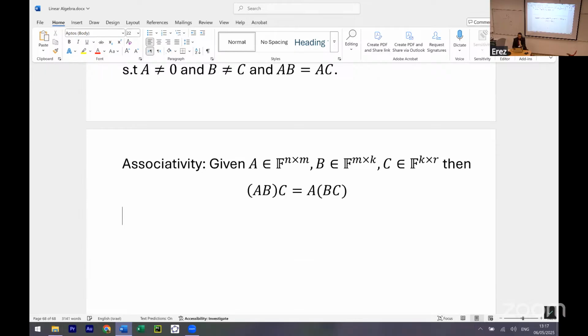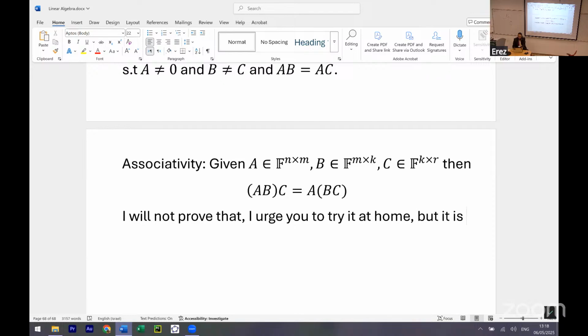I will not prove that, and I urge you to try it at home, but it is hard. Some proofs use tricks, and then I wouldn't expect a student to be able to invent the trick themselves. But here it's straightforward.